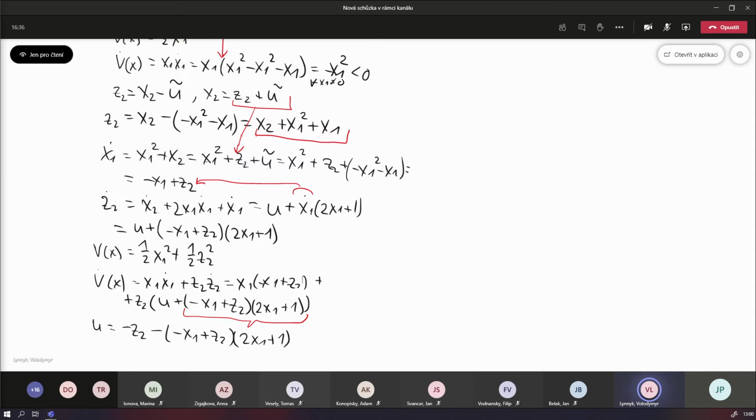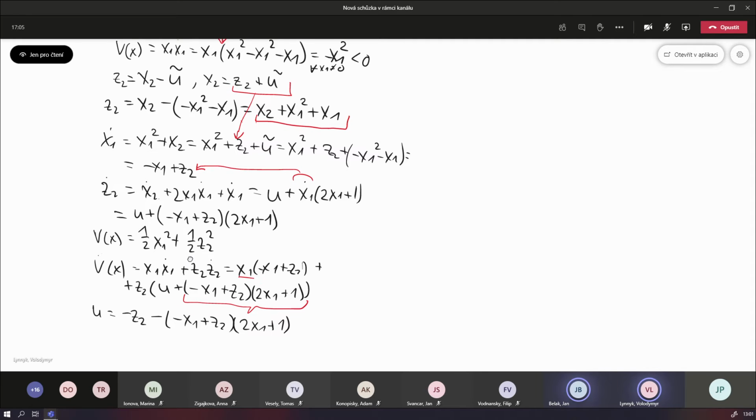And z2, sorry. Here is some minus x1. I forgot about this term, sorry, not this term, but this term.